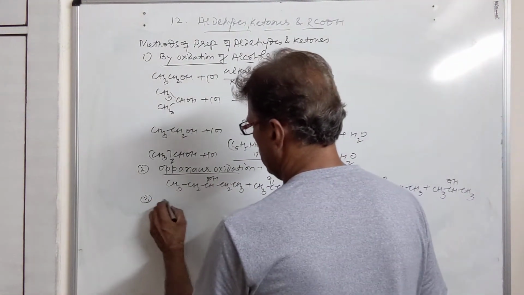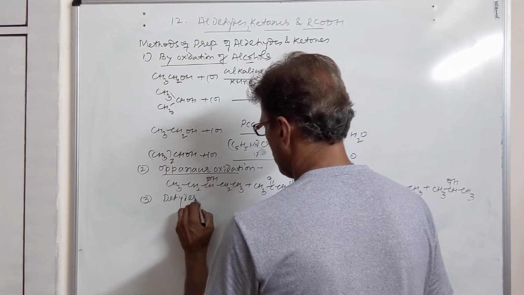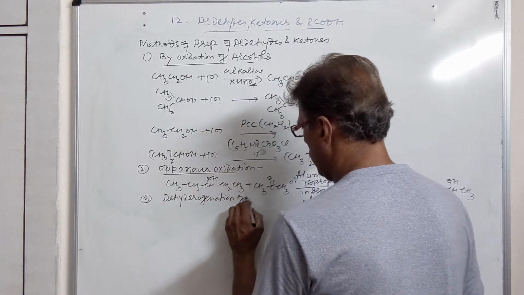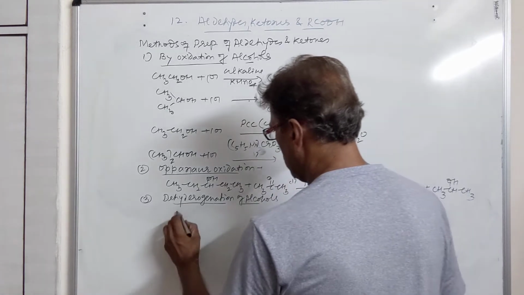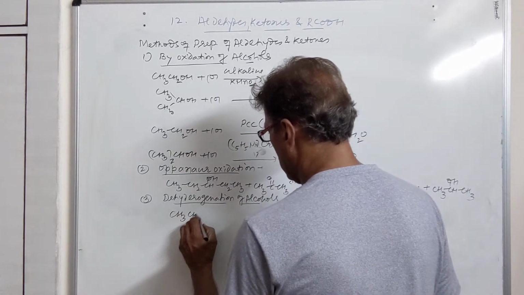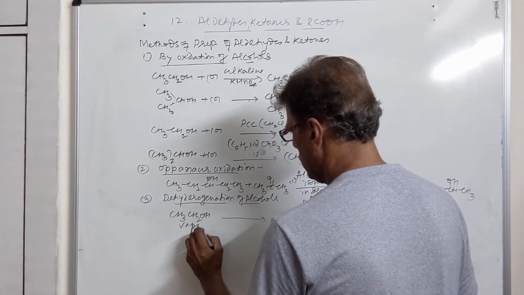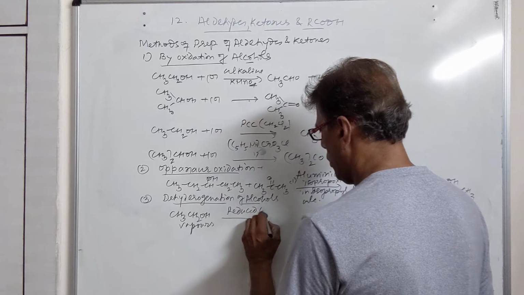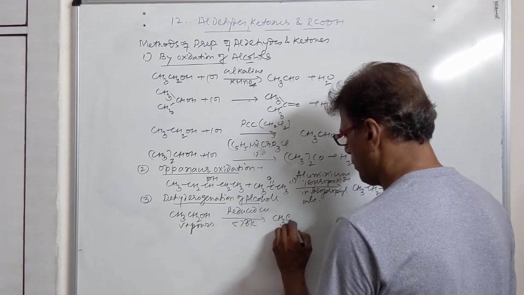Then we have the third method, dehydrogenation of alcohols. When vapors of primary and secondary alcohols are passed over reduced copper at 573 Kelvin, primary alcohols produce aldehyde.